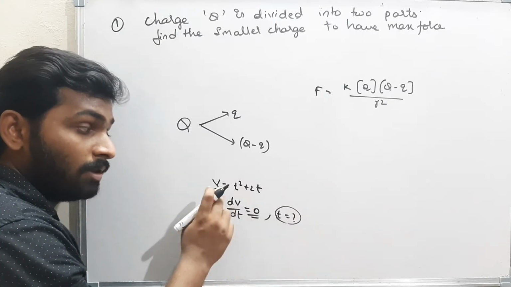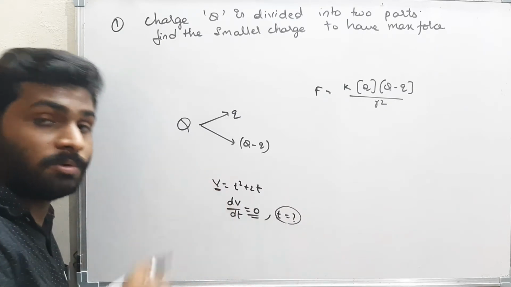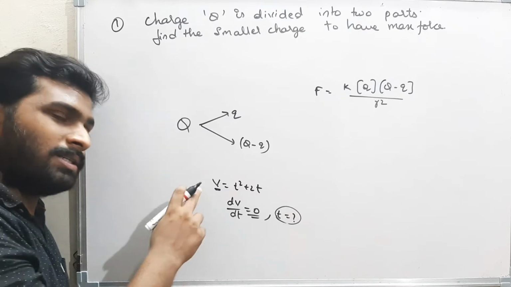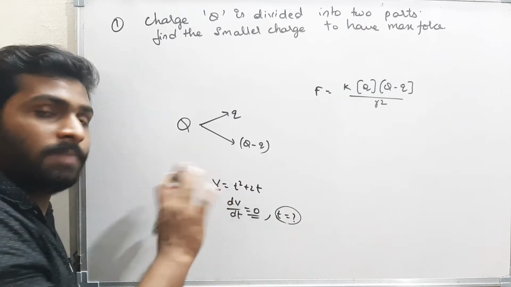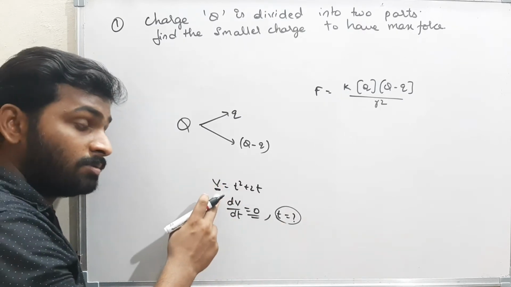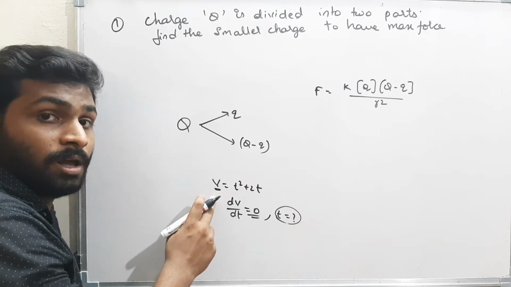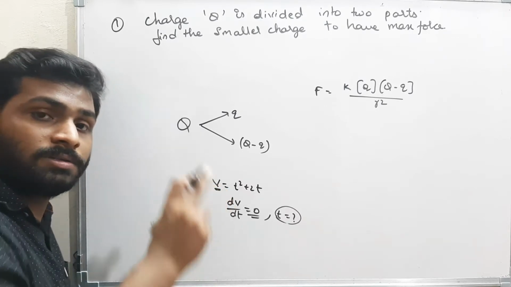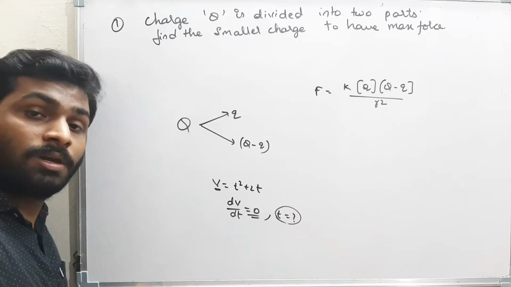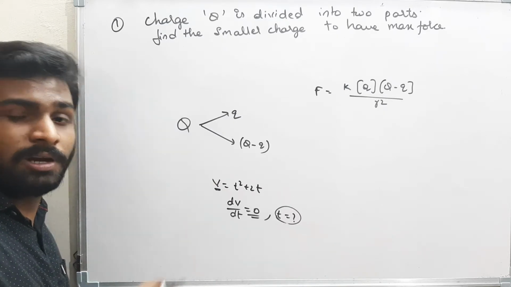At this time, the velocity of the body is maximum. It may be maximum or it may be minimum, but we will assume it as maximum. These concepts come in the maximum minimum concepts, and if you have any doubt in this, please recall my maximum minimum videos in the basic mathematics playlist. You will get clear clarity.